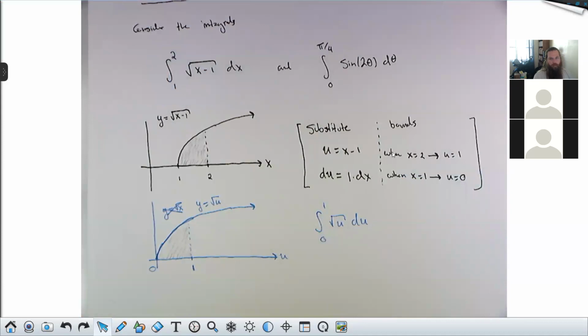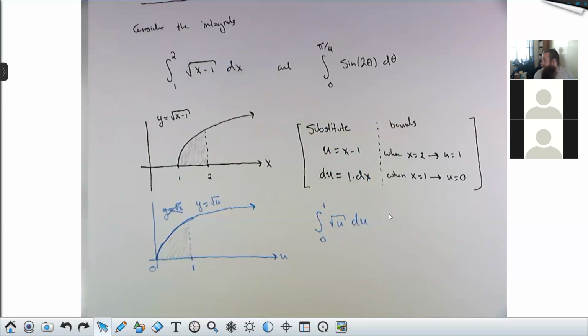My old upper bound was 2, my new upper bound is 1. So that 2 becomes this 1. The square root of x minus 1, if I'm substituting u equals x minus 1, just becomes the square root of u. And since du is equal to 1 times dx, it just says du equals dx. So this dx is the same thing as this du.